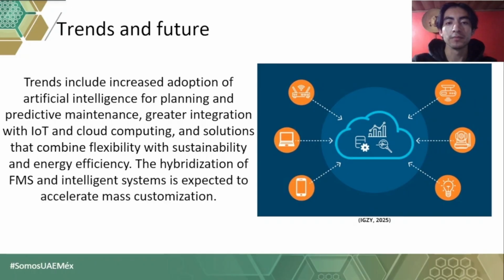Trends and future. Industry 4.0. Looking ahead, the FMS is evolving rapidly, driven by Industry 4.0 technologies that make the system not just flexible but truly intelligent. The power of AI. Artificial intelligence and machine learning are now optimizing more than just machine efficiency.